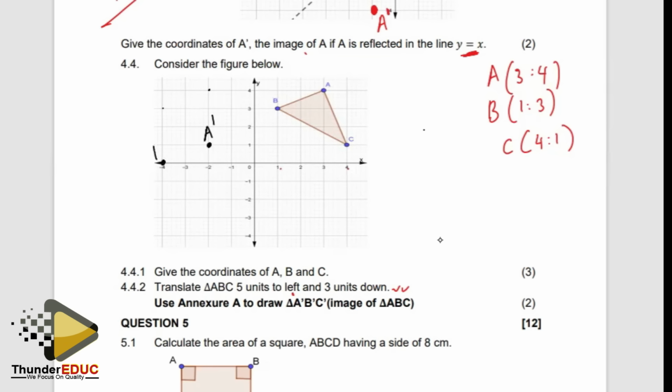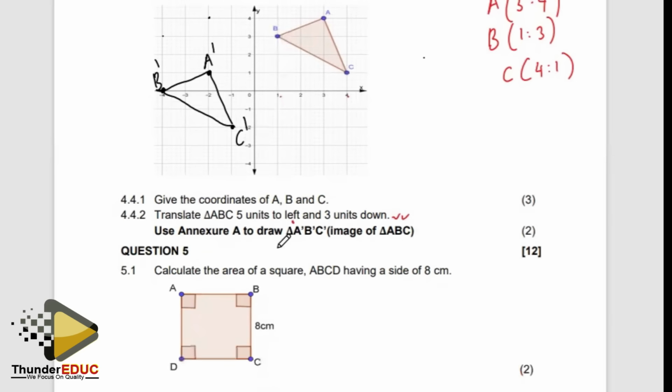Here, that is B prime. When I look at the C, it's going to be 1, 2, 3, 4, 5. 1, 2, 3. This is my C prime. And then I'll just connect this with my ruler and get my shape. Something like that. So this is the translated image. All right, so that is question number 4.